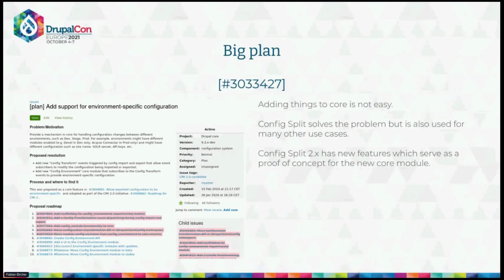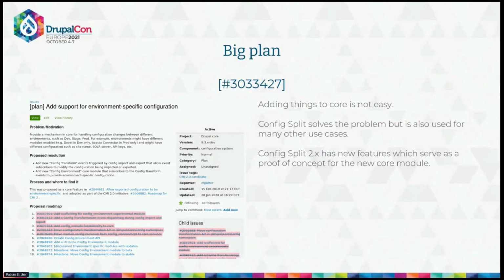If this would be straight in Drupal core, then all of the problems that people have with it would be core problems, and the people maintaining core understandably don't want this to happen. So they want the modules that are in core to be as stable as possible and as complete as possible, and the scope of it should be very clear. And so we cannot just add config split to core.